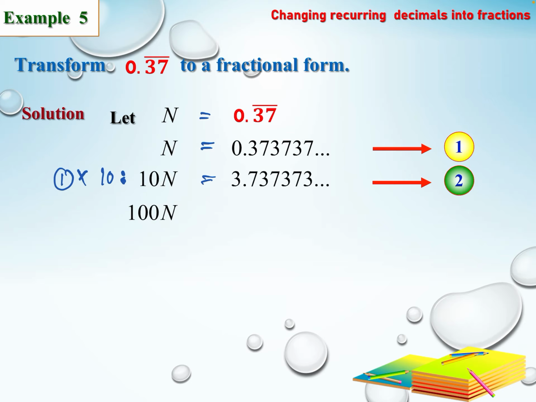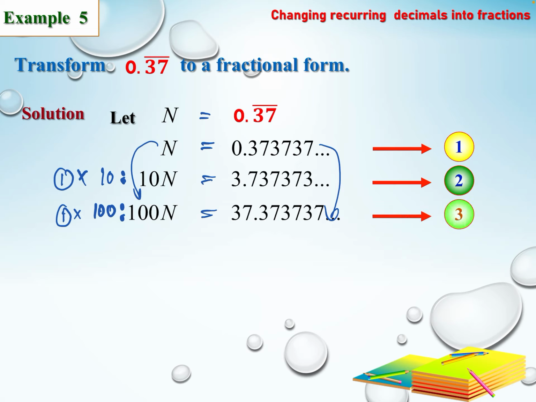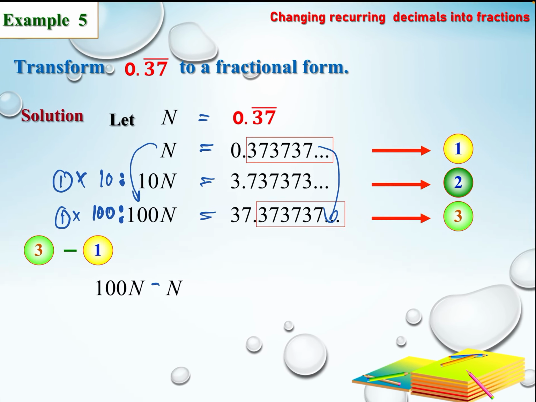So what to do? You just take equation number 1 again. Instead of multiplying by 10, you multiply by 100. Then this becomes this, and this becomes 37.373737. Then equation number 3, you just take equation number 3 minus equation number 1, 100n minus n.